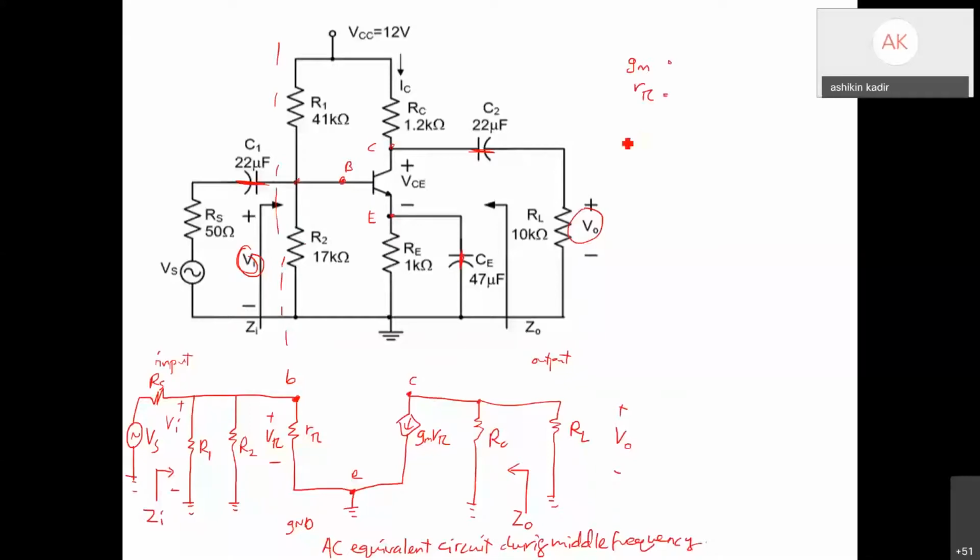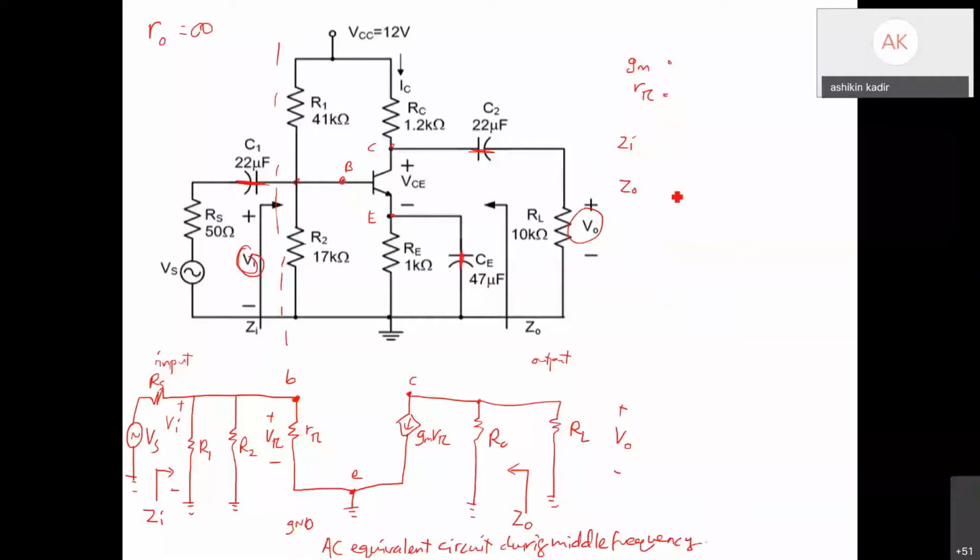And then you need to determine your ZI as well as your Z out. R naught, for our case, R naught will always be infinity. If you draw it, also okay. If you didn't draw it, also okay.